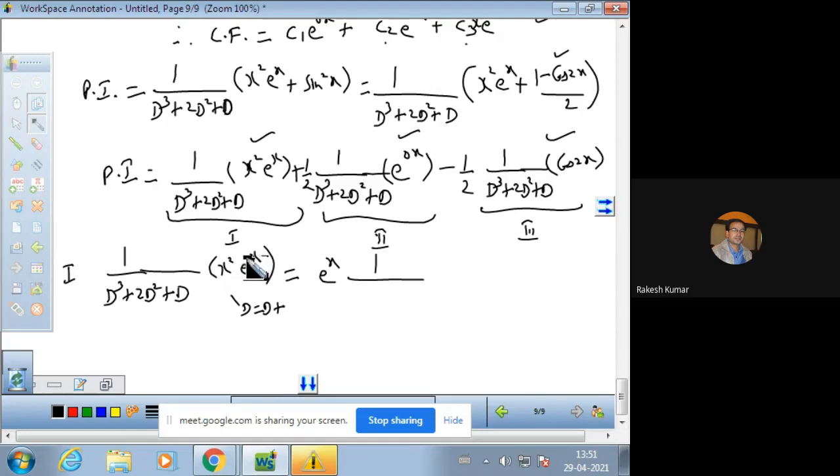So the coefficient of x is 1 here. So you will use d plus 1 in place of d. So d plus 1 cube plus 2 into d plus 1 whole square and plus d plus 1. x square is left here.